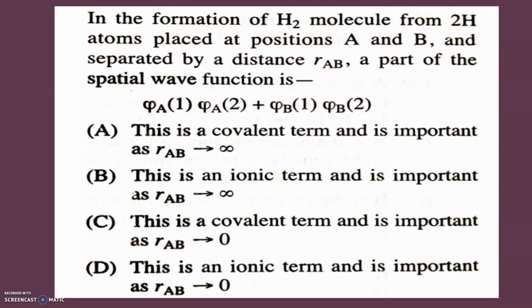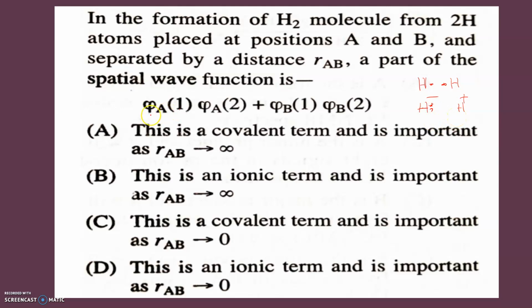So first we should identify which it is. Listen, if each hydrogen atom has one electron, we call this a covalent term. If two electrons are present on one hydrogen atom and the other atom has no electron, we call this H plus and H minus. This is called the ionic part.